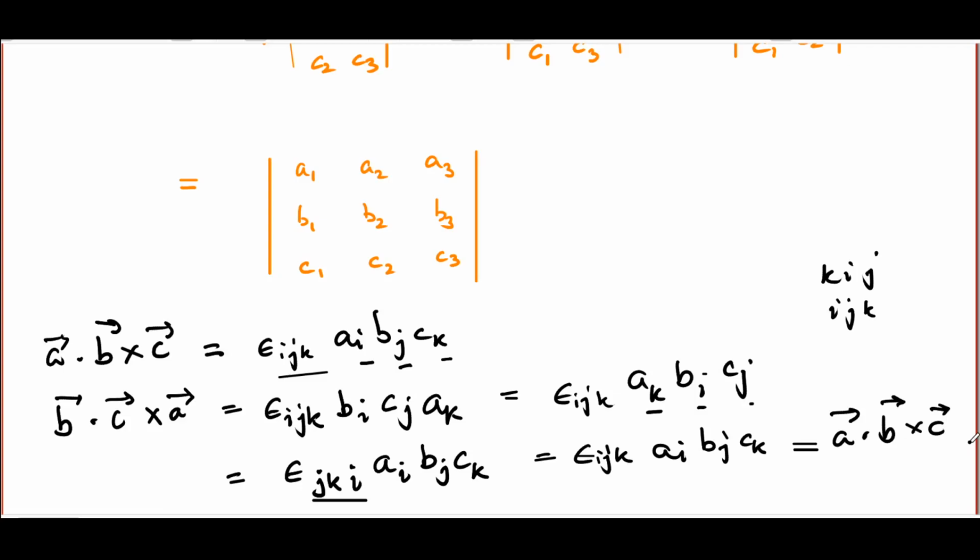You may actually know another way of proving this identity already, and that would involve the fact that if you looked at the determinant version of the expression, A dot B cross C is a determinant of a matrix where A, B, and C make up the three rows. B dot C cross A would have B1, B2, B3, C1, C2, C3, and A1, A2, A3 as the three rows.